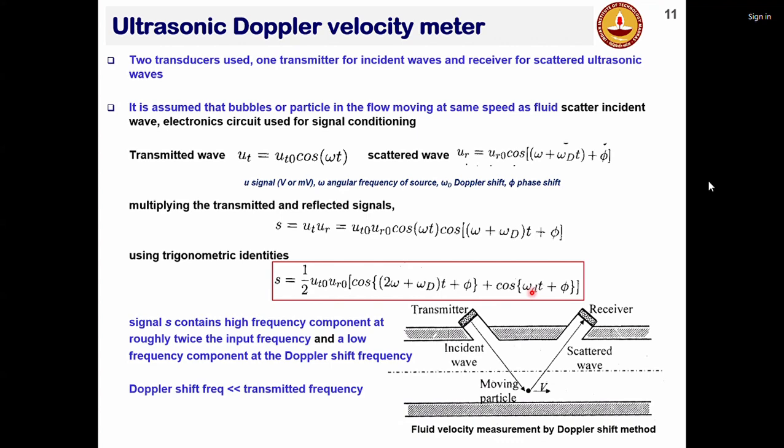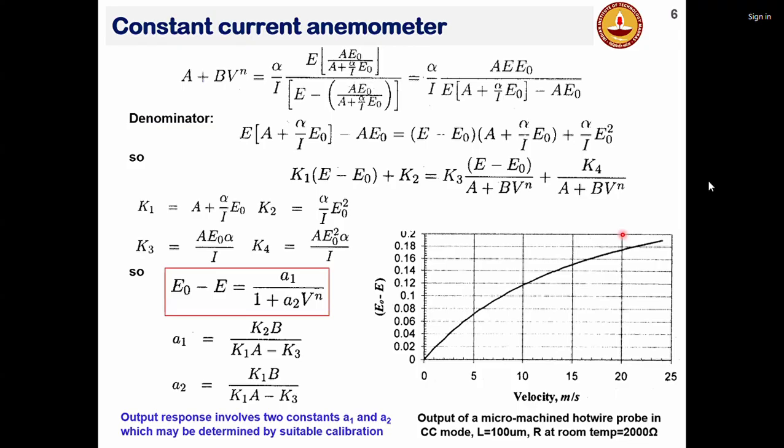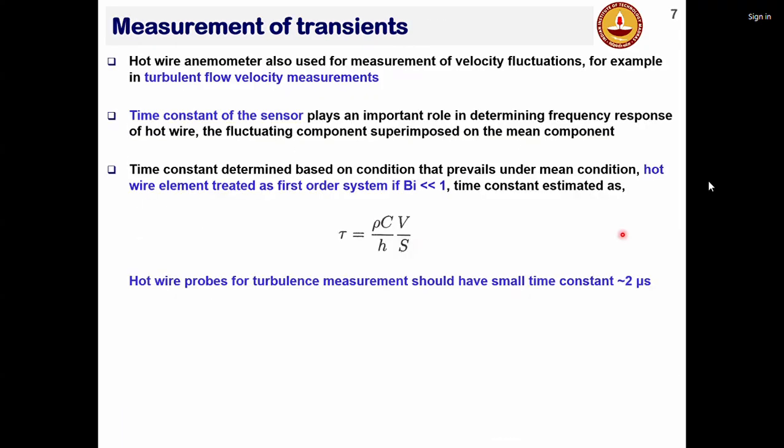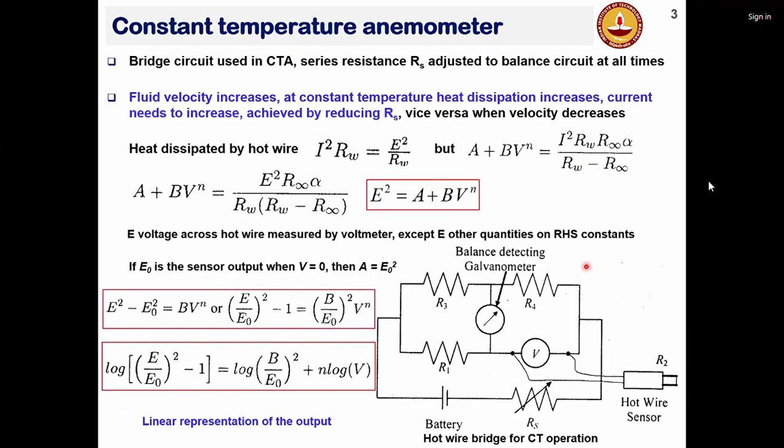Sir, in case of hot wire anemometer, you mentioned that we can measure turbulent flow, and there will be some steady component, whereas there is some fluctuating component. Can you elaborate how the fluctuating components are measured? See, let's talk about the constant temperature anemometer. We are relying on the output voltage as a function of velocity.